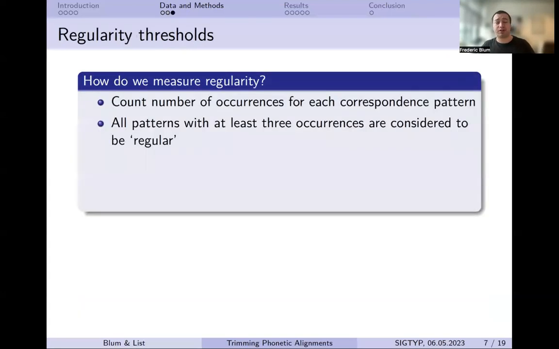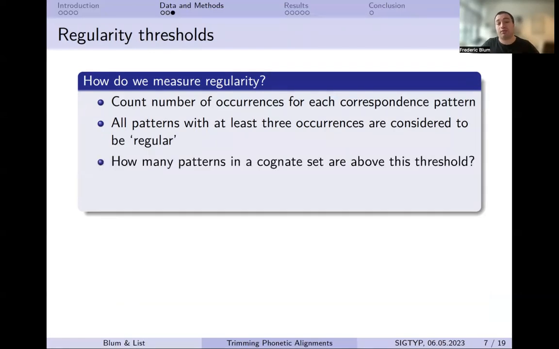But now, how do we measure all this? We've mentioned the regularity before. So in a first step, we count the number of occurrences for each correspondence pattern in the data set. And we consider all patterns with at least 3 occurrences to be regular. This means that all correspondence patterns that only occur once or twice are not considered regular.